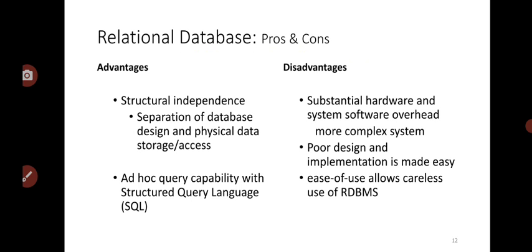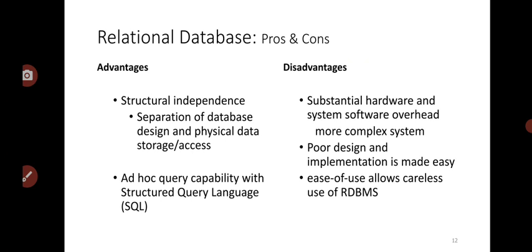In the relational database model, pros and cons, advantages and disadvantages. It offers structural independence. Structural independence is not available in the network database model, and it can be overcome by using the relational data model. Separation of database design and physical data storage access is very important. And an ad hoc query capability with strong Structured Query Language support is available with respect to the relational database model.